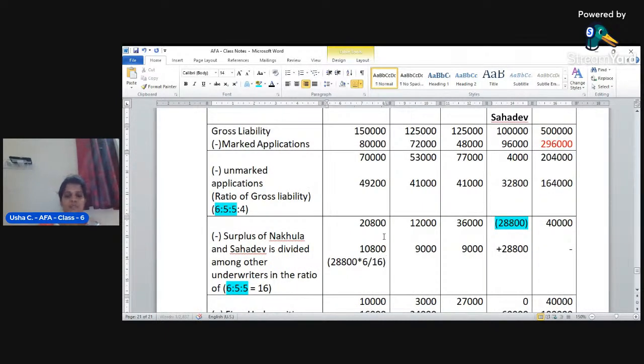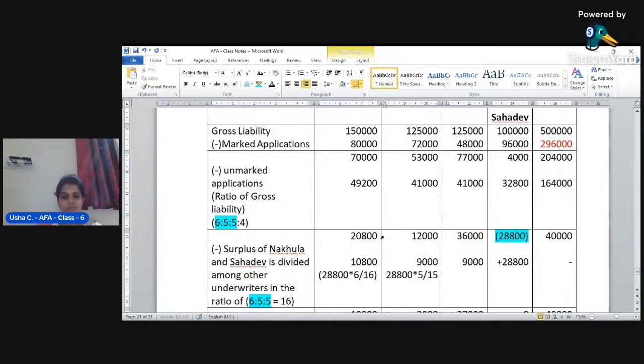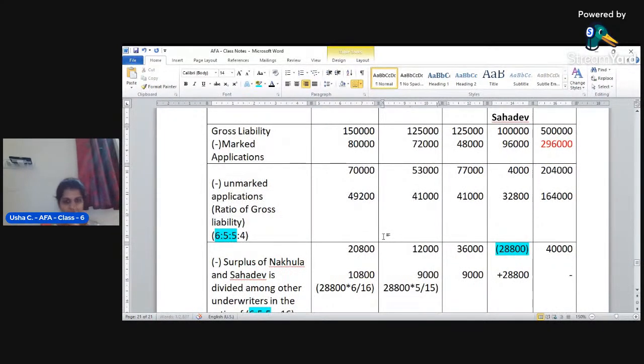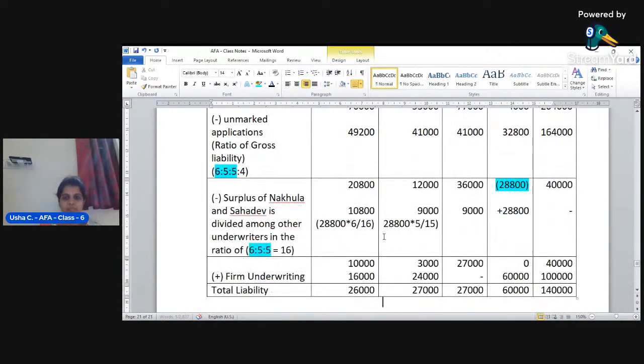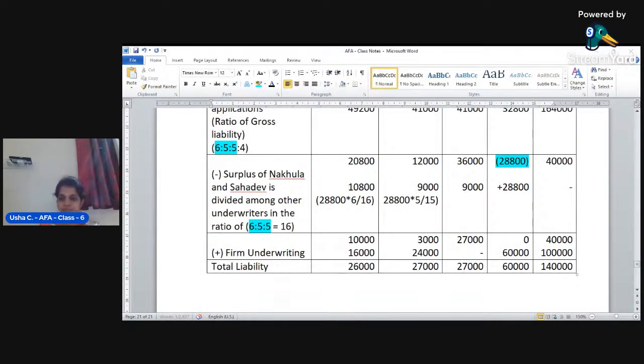Like this you have to do. In the same manner, for this it is 28,800 into 5 divided by 16. Like this you have to calculate. Understood? Okay, right.